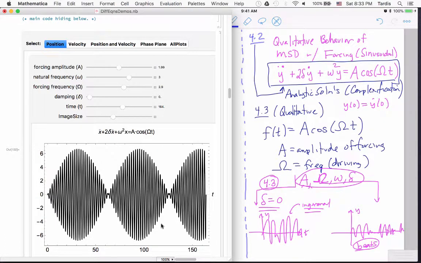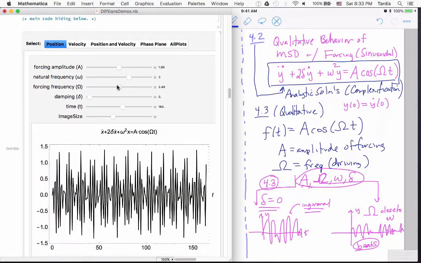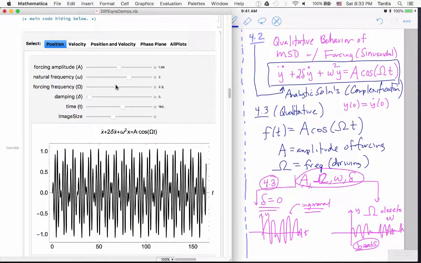This is happening when the forcing frequency is getting close to the natural frequency of the spring. Now if omega gets farther away, we just go back into the case where the oscillations are wildly oscillating.